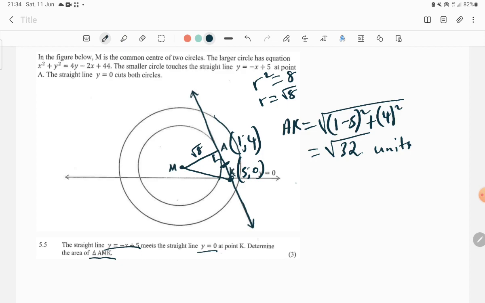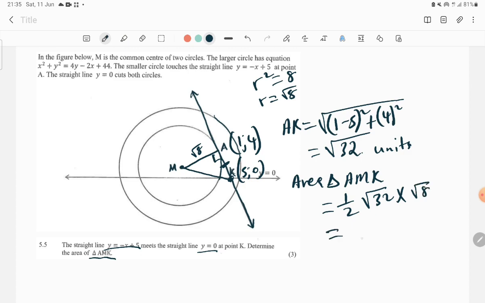So on that note, the area of triangle AMK is given by half times base, which is AK, root 32, times height, which is AM, root 8.